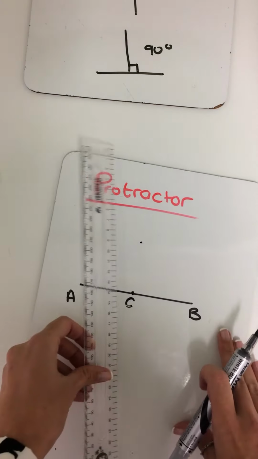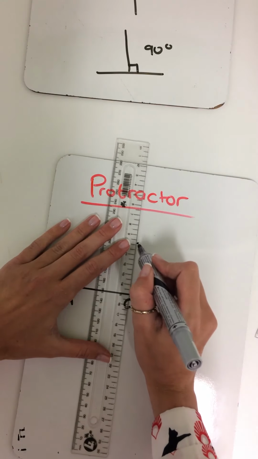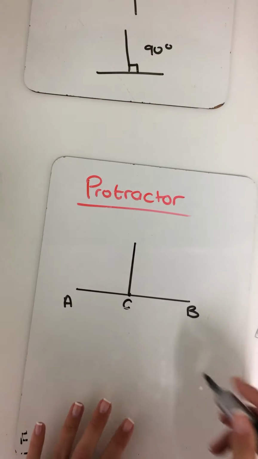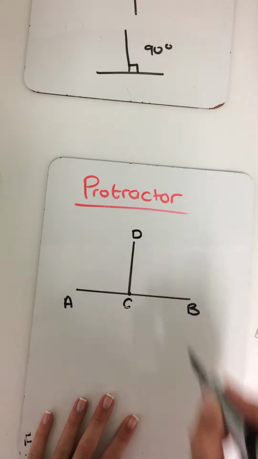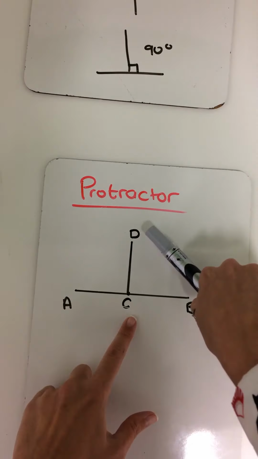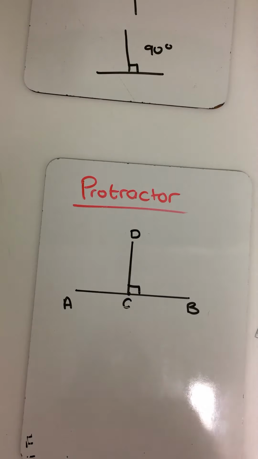Then I take my ruler and I measure from C to the dot, like that. And I'm going to label that D. So now I have A, B, and I have C and D, and they meet at a right angle. So these are perpendicular lines.